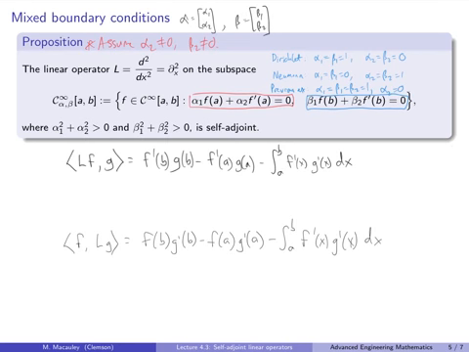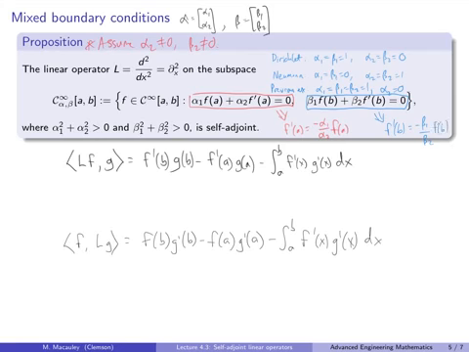If alpha 2 is non-zero, then we can solve for f prime of A: f prime of A equals negative alpha 1 over alpha 2 times f of A. And if beta 2 is non-zero, then we can solve for f prime of B and write this as negative beta 1 over beta 2 times f of B.